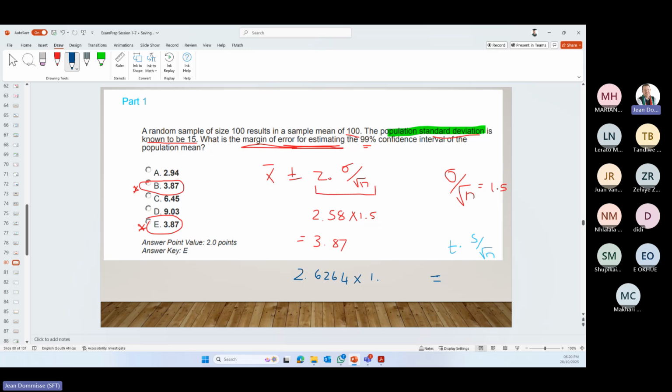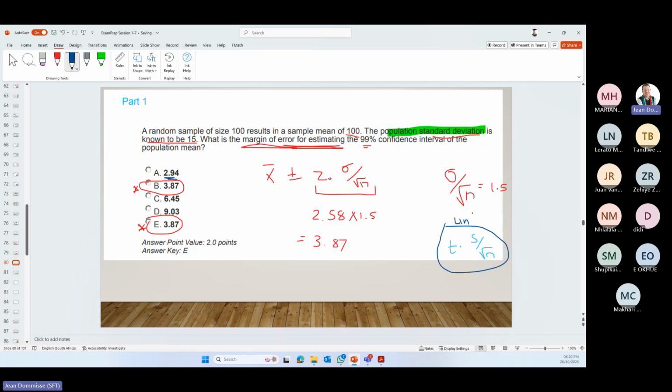Already I can see there's not going to be an answer for us. I say it would have been 3.94. So luckily we did not need to worry here about the T.